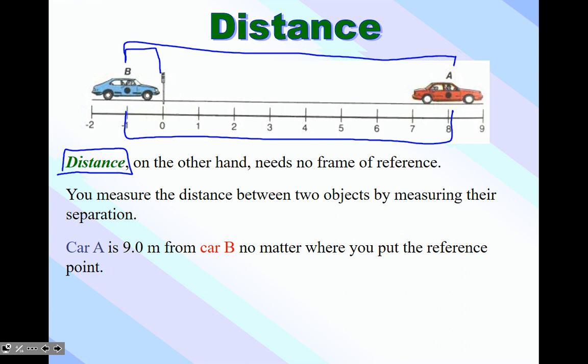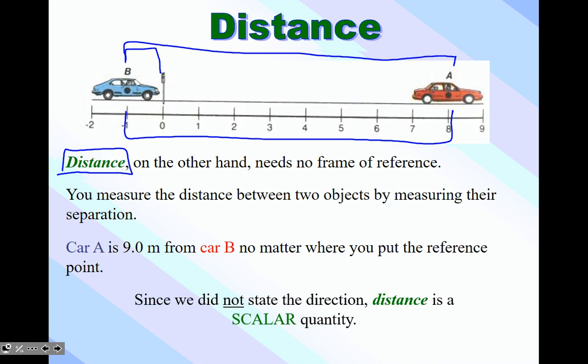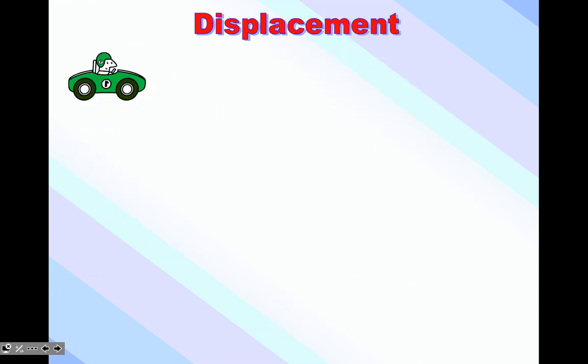Car A is 9 meters from car B, no matter where you put the reference point. So we don't say car A is to the right or to the left or anything like that. And since we did not state the direction, distance is always a scalar quantity. Always, because there's no direction.